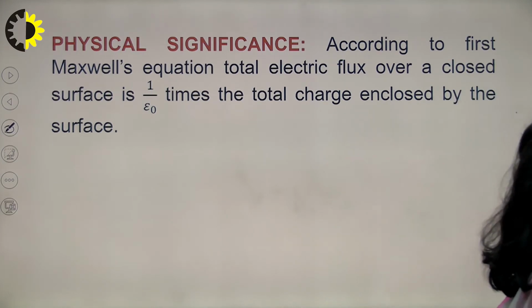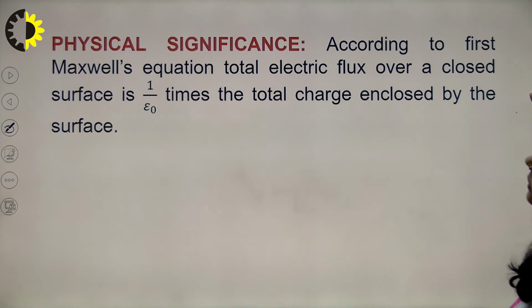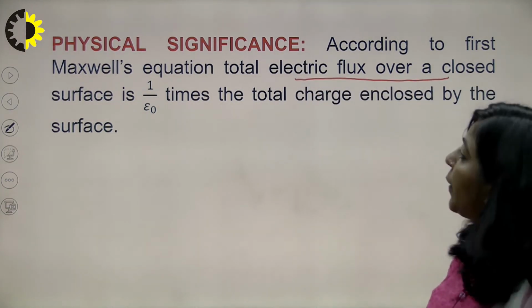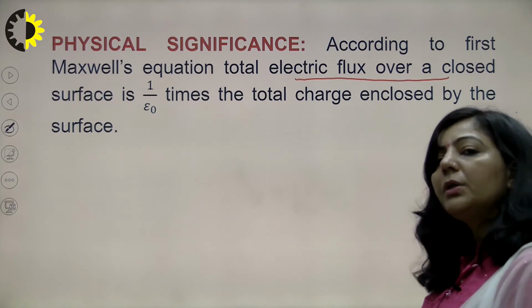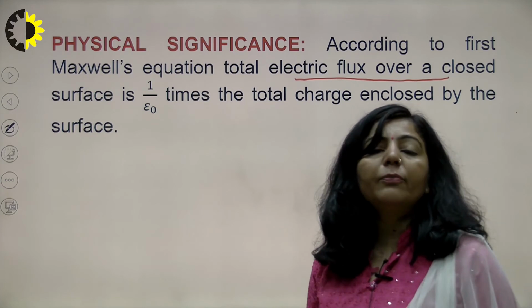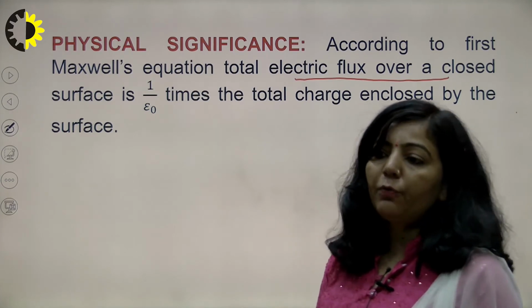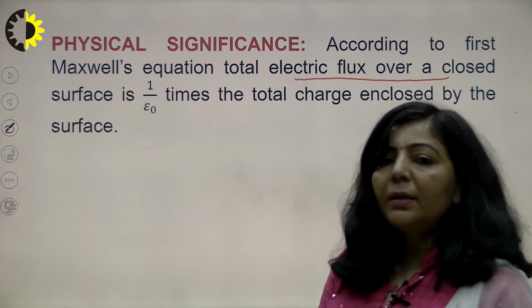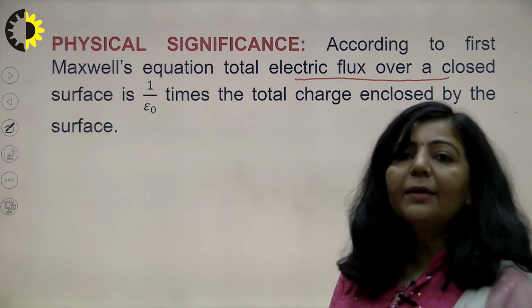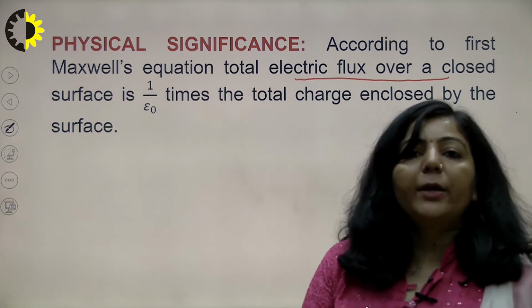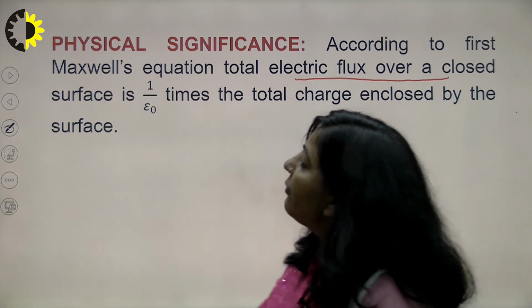According to Gauss law in electrostatics, the total electric flux over a closed surface is 1 upon epsilon naught times the total charge enclosed, right? So the law from where you are writing that equation is itself the significance of the equation, because that equation is the differential form of Gauss law in electrostatics. So this is the physical significance.